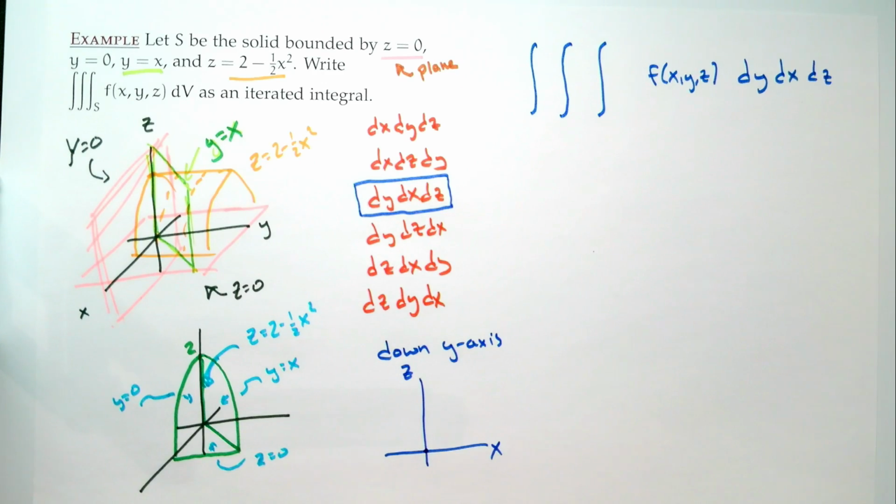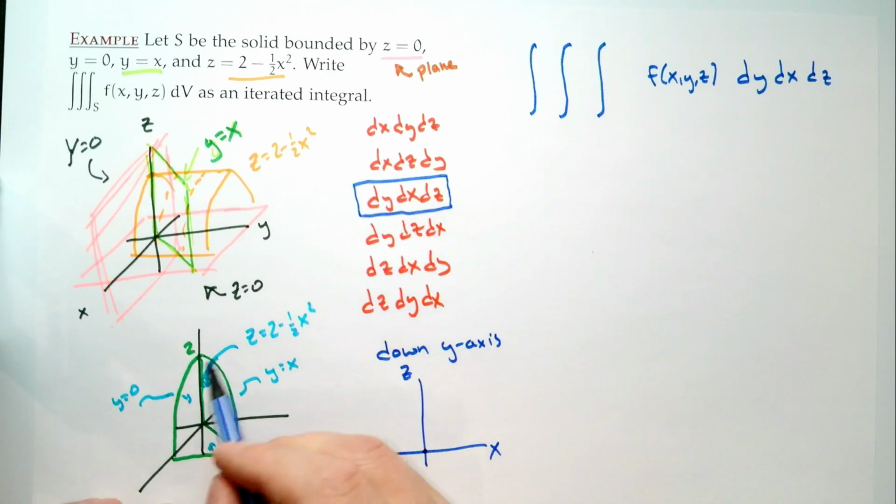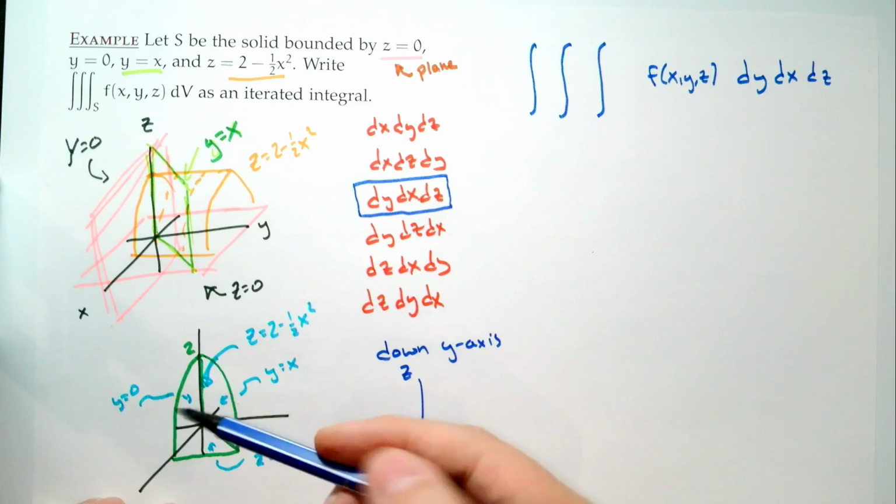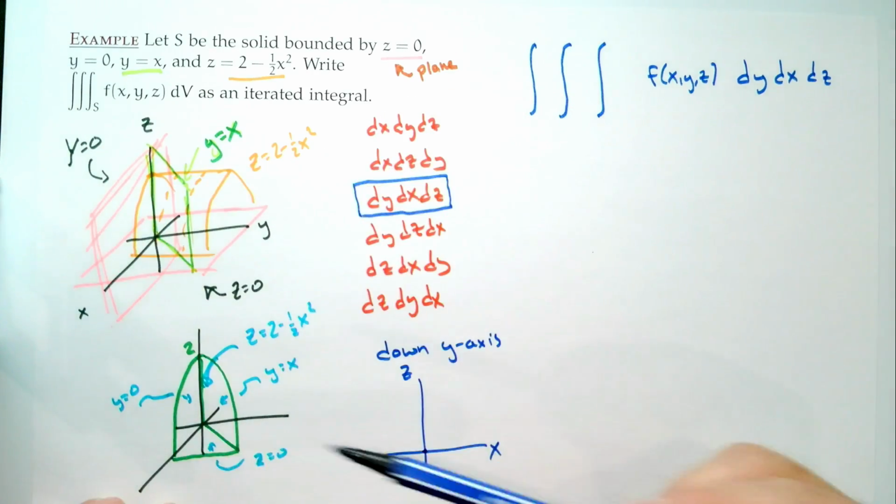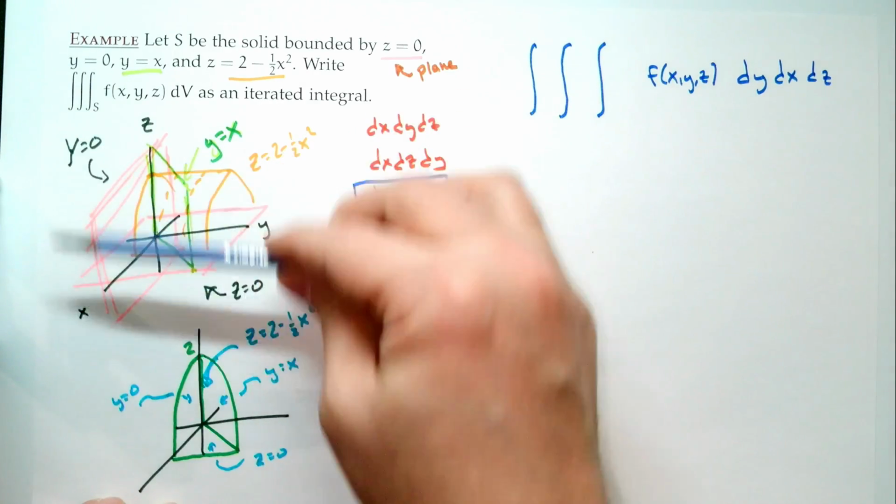All right. So now you have to sort of visualize. What do you see? Yeah, you see the parabola. So this z equals 2 minus a half x squared. This front face, this whole face here, that's the front.